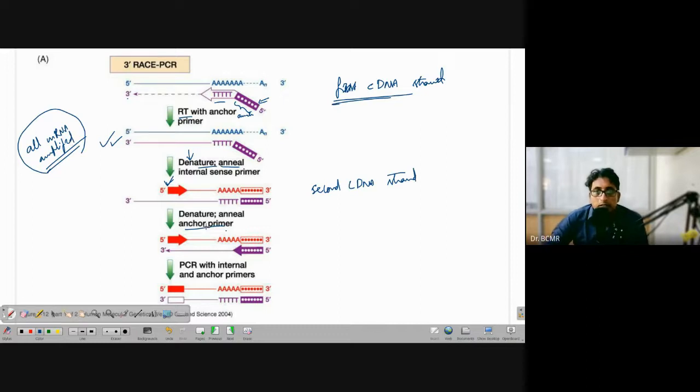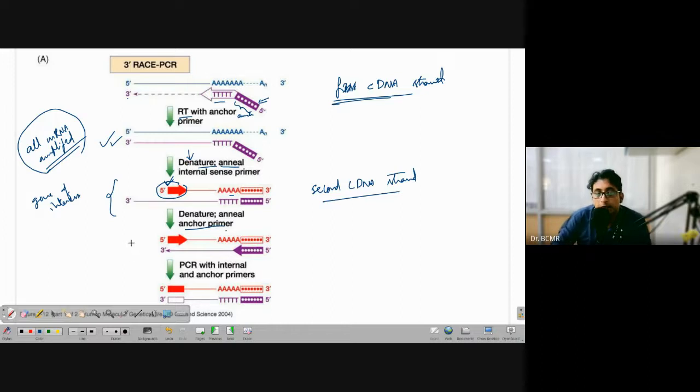So when we amplify the second time, we get the second cDNA strand of only the gene of interest. Why is that? Because the primer that we are making is specific to the gene of interest. We are only interested in that one, right?